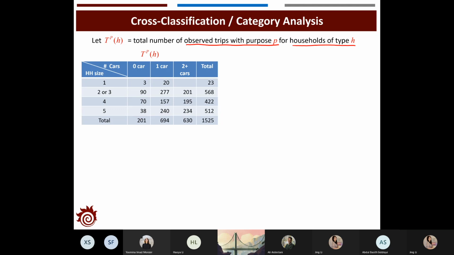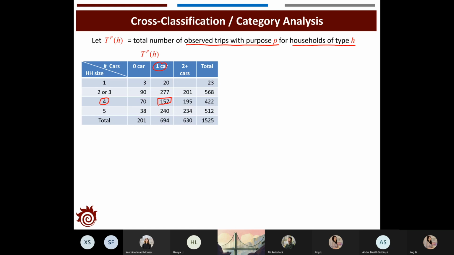For the household with 4 persons and 1 car, there is a total number of trips of 157 from the survey.